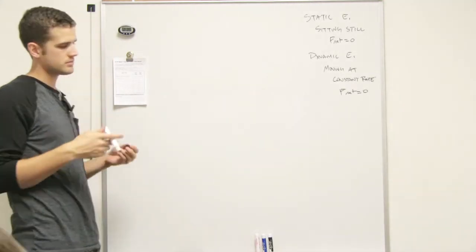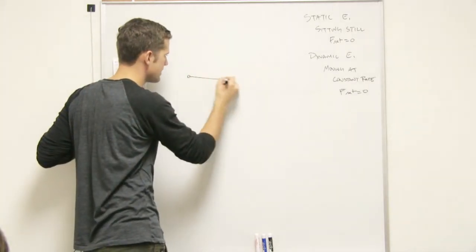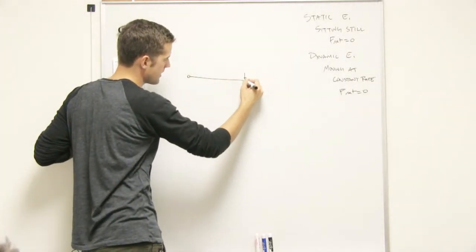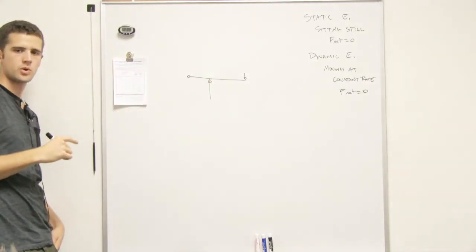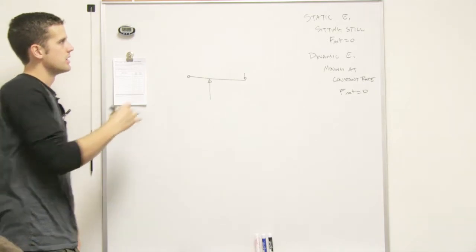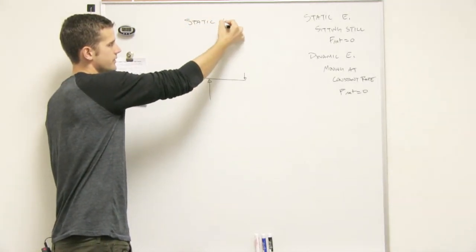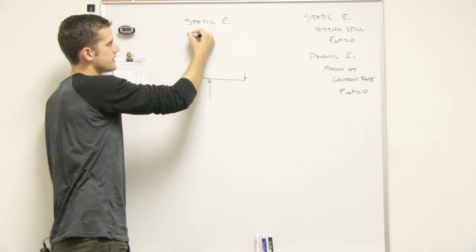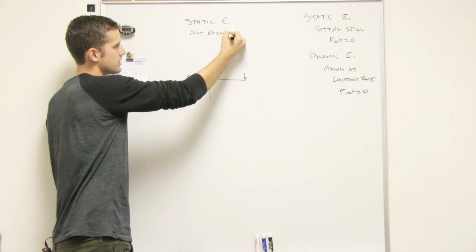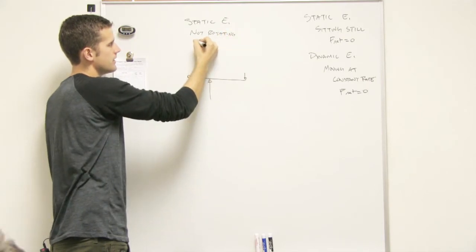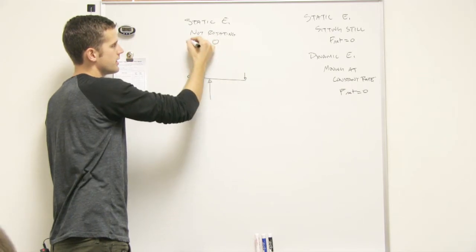So if it's in static equilibrium, if you've got something out here with a little force, and then a bigger force right here, and those two torques cancel each other out, what does it mean? It's not going to rotate at all. And the net torque is equal to 0.